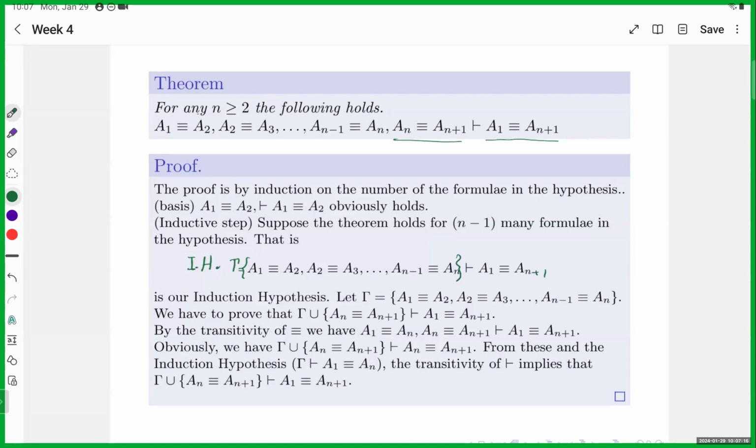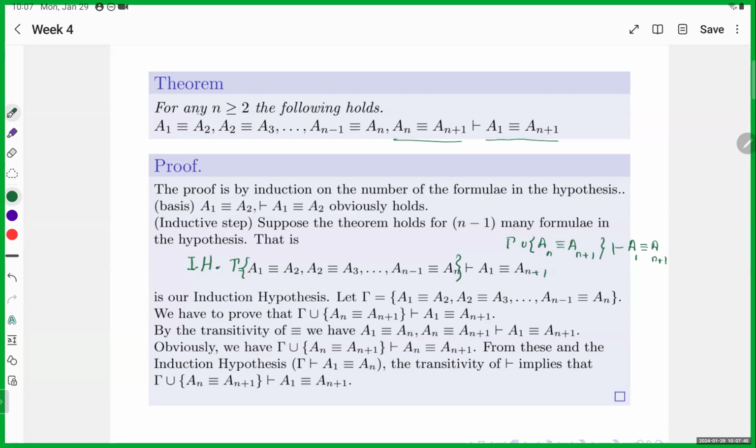Now, we added to gamma one more formula that says AN is equivalent to AN plus 1. And now what do we want to show? We want to show that this proves that A1 is equivalent to AN plus 1.